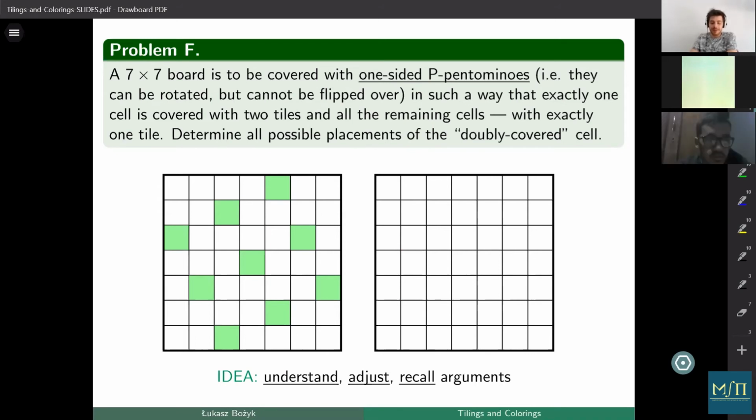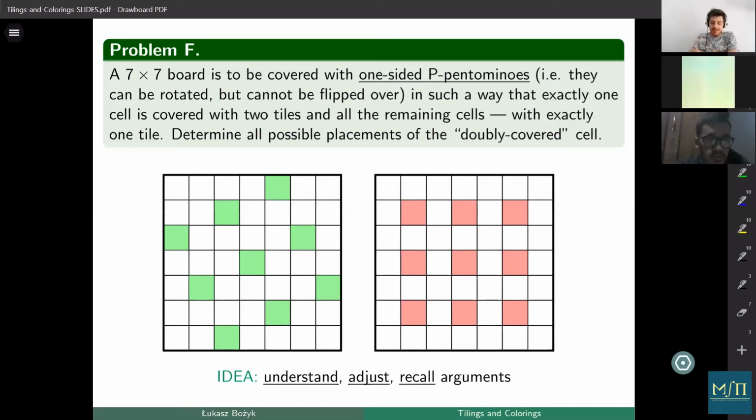In order to come up with it, we can either remember the picture from the last problem, or see that a P pentomino, for example, contains this 2x2 square as a subtile. So maybe it's reasonable to consider coloring for this 2x2 square. And we can draw a picture like this, in which, let me tell it one more time, each P covers now at least 1 shaded cell, but it can cover 2.